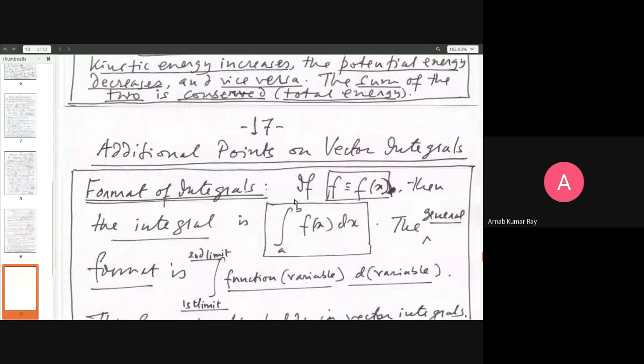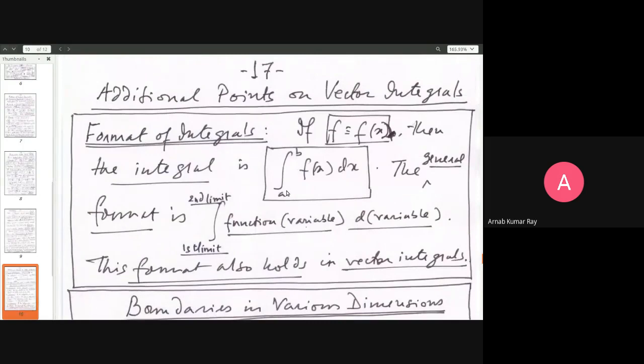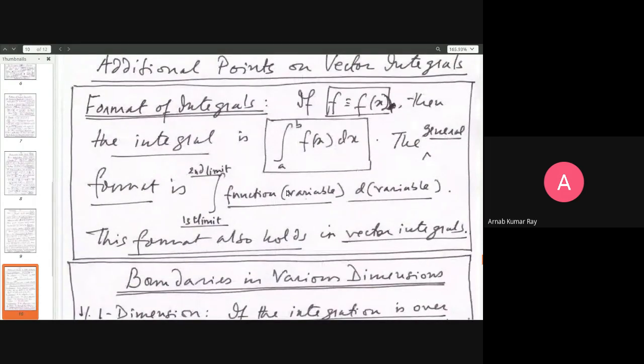There are just a few additional points on vector integrals that I will quickly touch upon. It is the format of the integrals. The format of the integrals is that if you have f of x, then the integral of f(x) dx goes from a to b. The general format of all the integrals, if you notice, line integral, surface integral, all these, especially, you have the first limit and the second limit, a function of a variable, x in this case, and d of that variable.